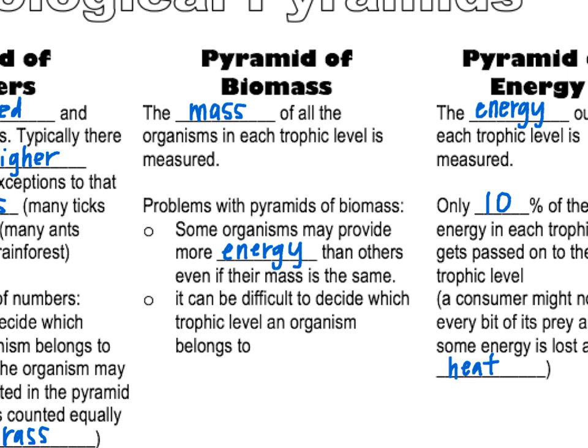You know that in different foods that you eat, things like spinach provides you with more energy than things like chocolate. Even though chocolate has a lot of sugar in it, it doesn't give you lasting energy. And so it can be difficult to tell how much energy something provides just by looking at how much it weighs. And it can also be difficult in a pyramid of biomass to put things into trophic levels, just like we had that problem with the pyramid of numbers.